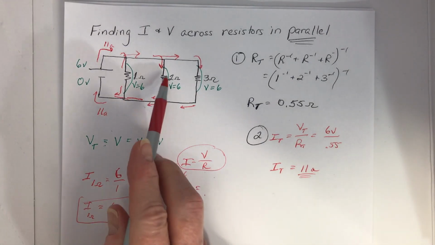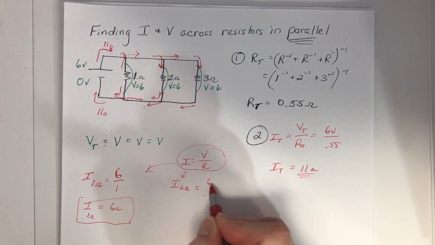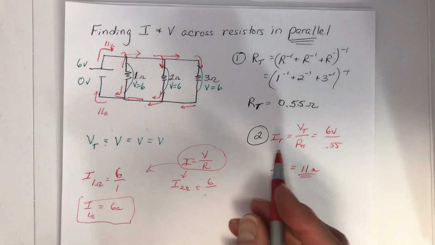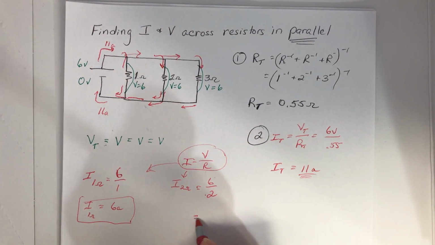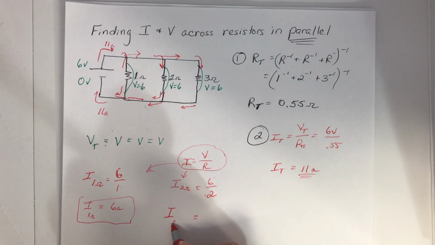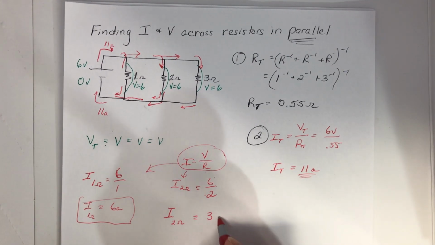So what's the voltage drop for the 2 ohms? 6. What's the resistance? 2. So the current going down that branch is 3 amps.